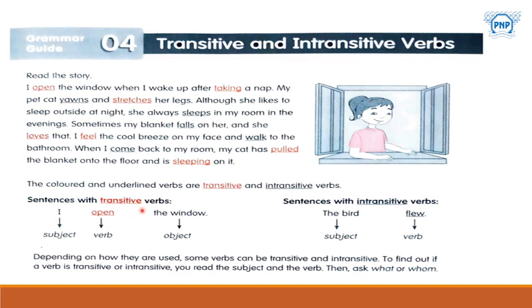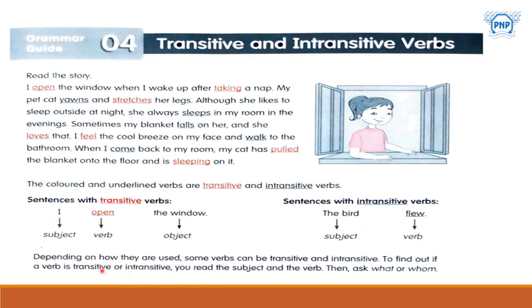So the difference is that here you will get subject, verb plus an object, but here only subject and verb would be there. Means here the action is passing from subject to the object. I open what? The window. Here the bird flew. It is directly the bird flew, but where, they have not given.